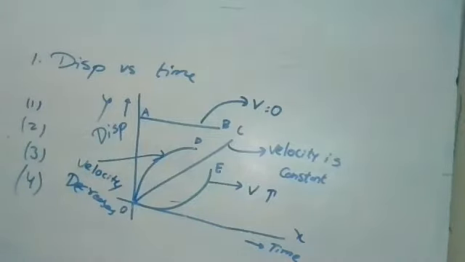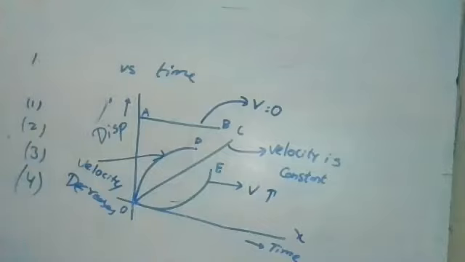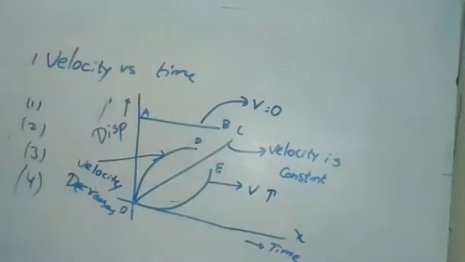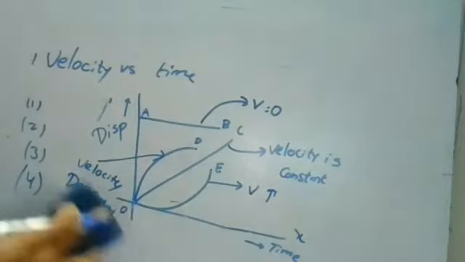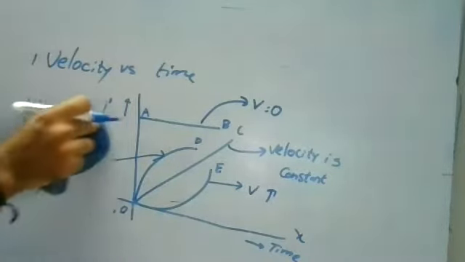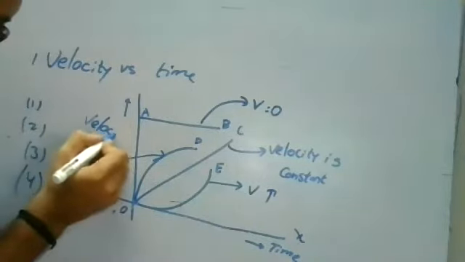Second one, make the heading: velocity versus time. Same graph. For the x-axis it is time, and for the y-axis it is velocity.